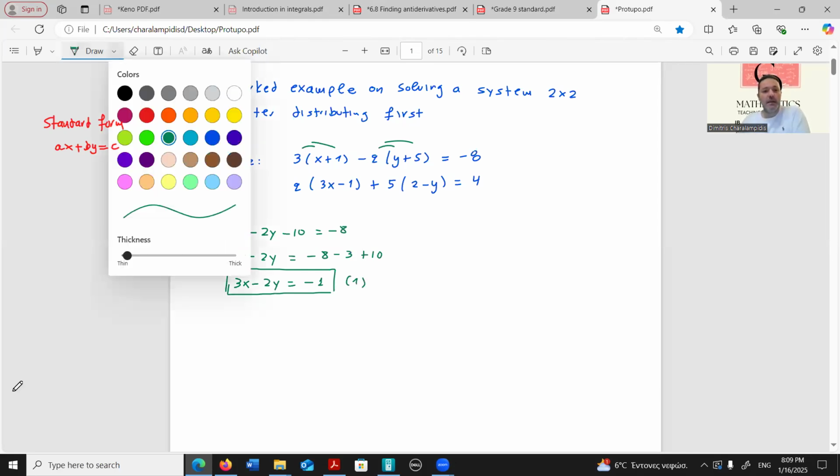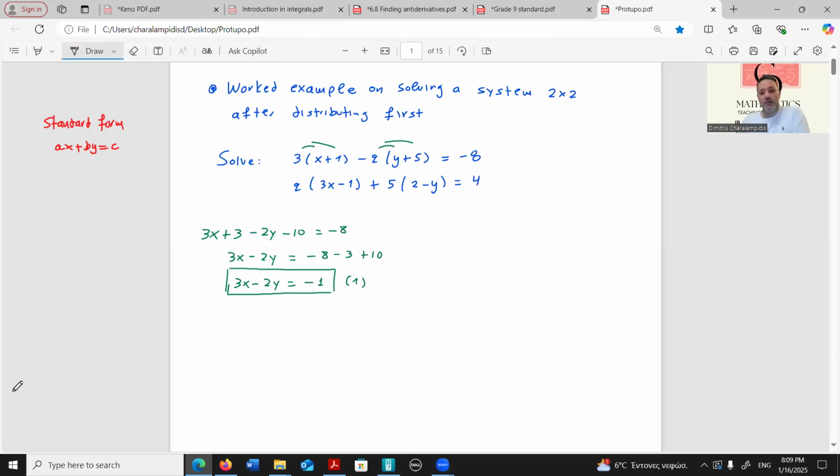Now let me change the color and let me apply the same approach on the second one. 2 times 3x is 6x minus 2 plus 10 minus 5y equals 4.